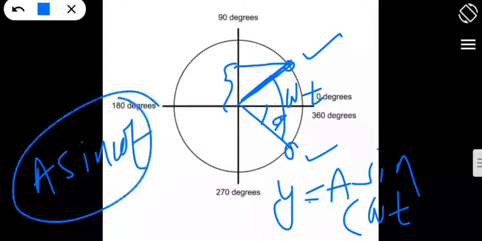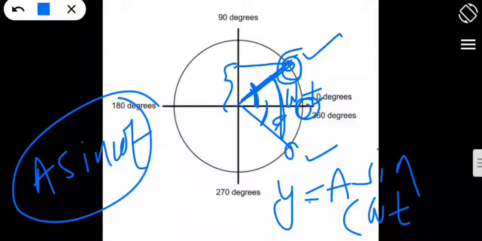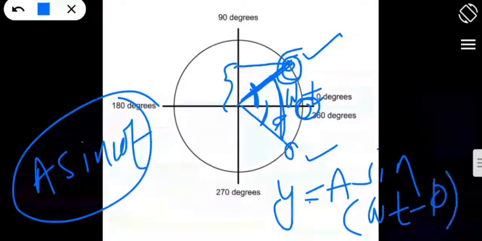We are calculating from the mean position to this final position, so what should the angle be? The big angle omega t minus the small angle phi gives this angle theta. So theta is nothing but omega t minus phi.